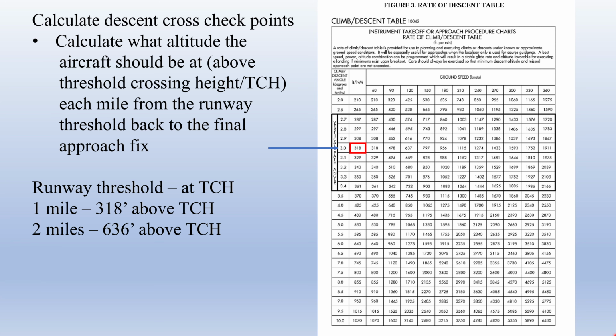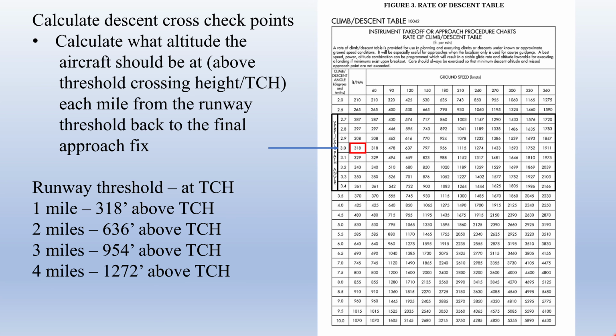At 2 miles from the runway, we'll be an additional 318 feet above threshold crossing height, so 636 feet above the TCH. At 3 miles, again, another 318 feet higher, so 954 feet above the threshold crossing height. And that works out to be 1272 at 4 miles and 1590 at 5 miles.